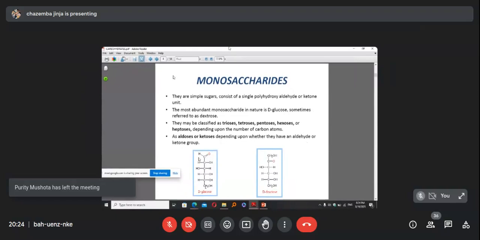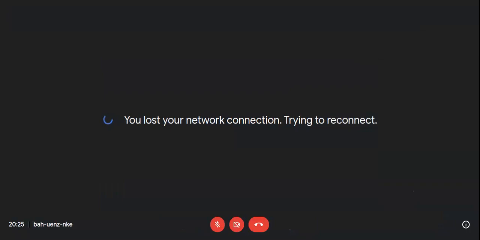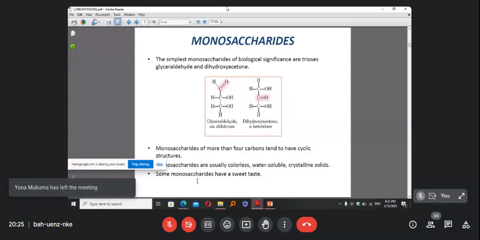This group, and it's a triose in that it's got 3 carbon atoms.